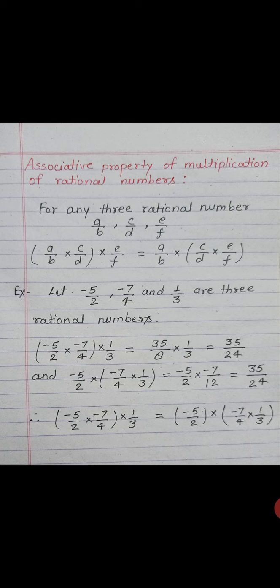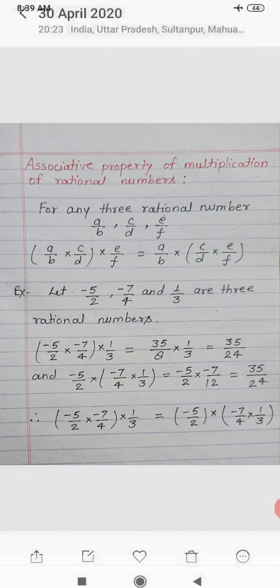Hence, associative property holds for multiplication of rational numbers.